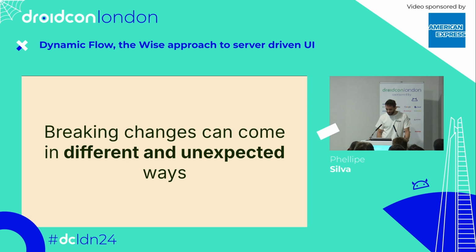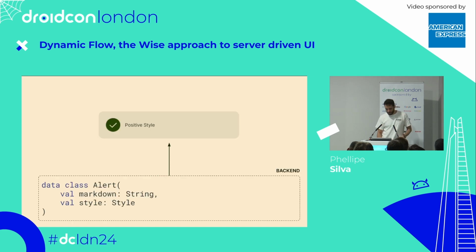because we realize that breaking changes can come in different and unexpected ways. So let me show examples of things that can happen. On the backend, we have this alert definition where we can put a markdown and a style, let's say positive or negative, as I showed you in the demo before.